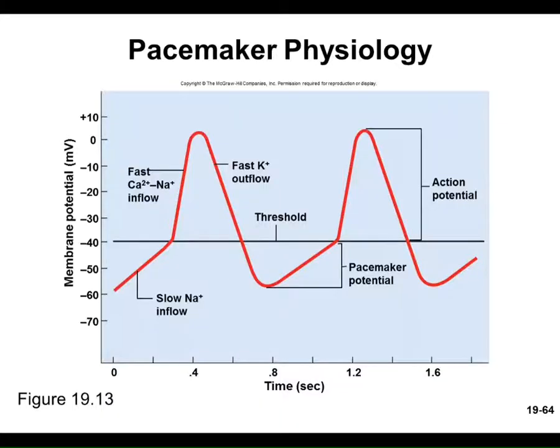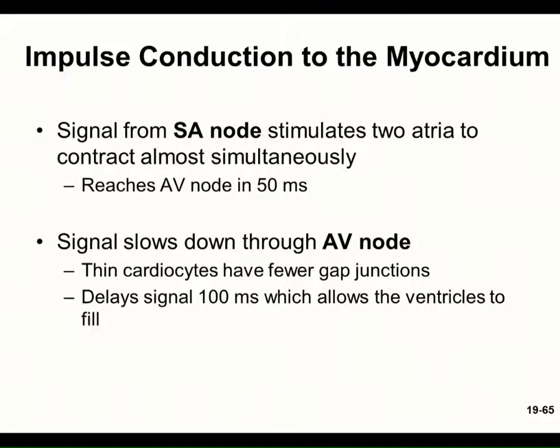Does that graph make sense? Okay, the only real difference here is what? A couple different numbers and the presence of calcium. So that means that the SA node is constantly depolarizing, and the two atria are going to contract almost simultaneously.